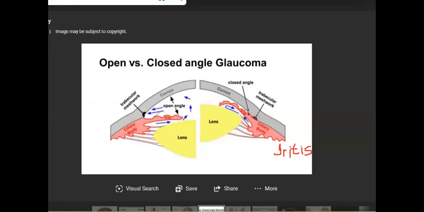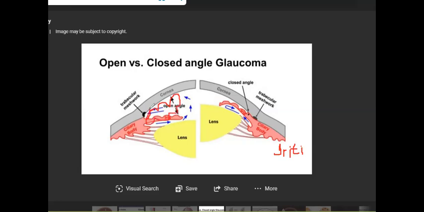So when this iris is inflamed, it will block this pathway as well. When the iris is inflamed, it does not actually get attached to the lens, but I drew it like that. If I draw it properly, it will be like this.